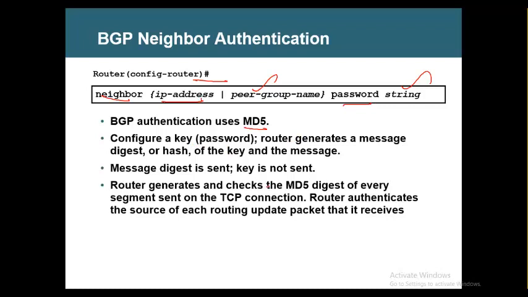So you don't need to enable MD5, it is automatic. The router generates and checks the MD5 digest of each segment sent on the TCP connection. The router authenticates the source of each routing update packet that it receives.